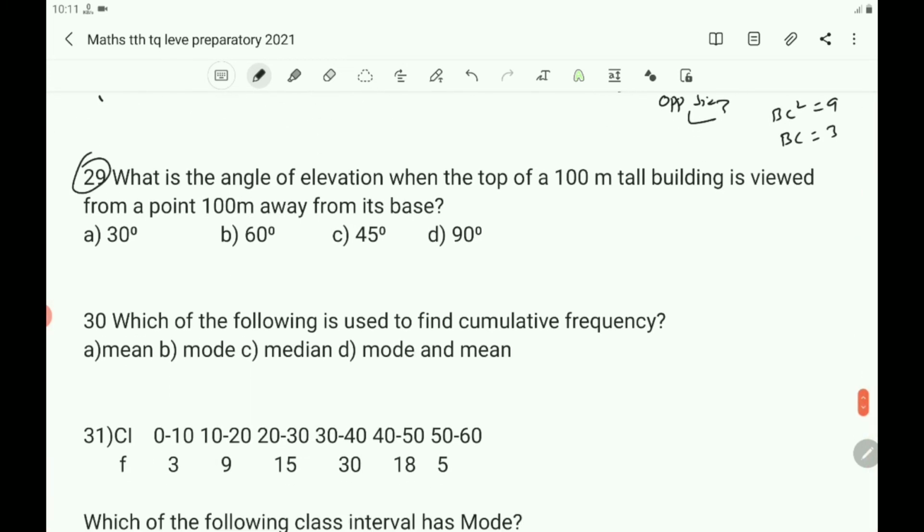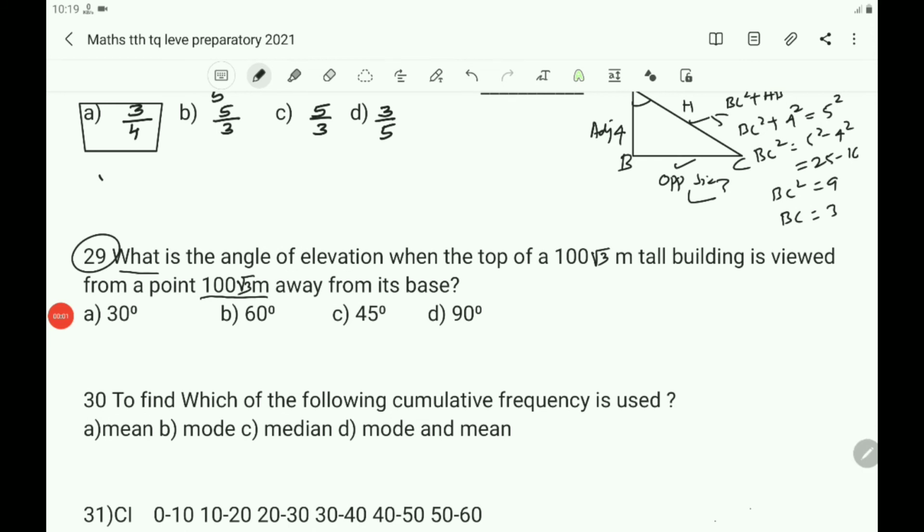Then question number 29. What is the angle of elevation when the top of a 100√3 meter tall building is viewed from a point 100√3 meter away from its base? Here you observe one thing. The height of the building equals the distance of the point from which the top is viewed.